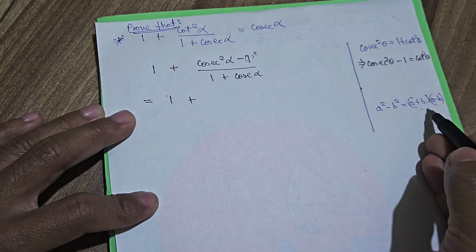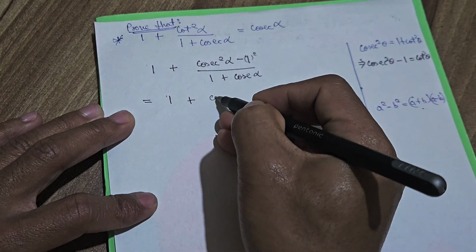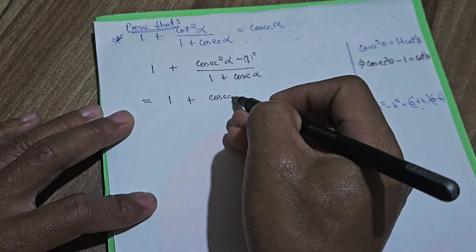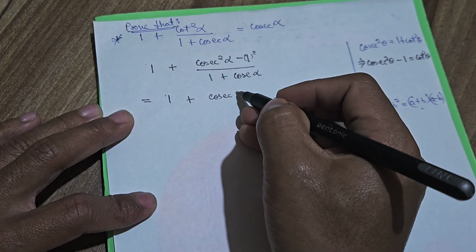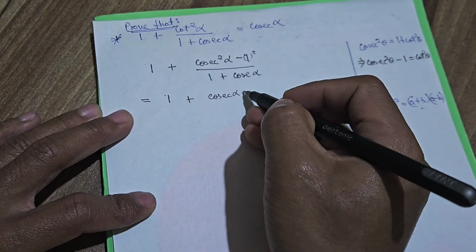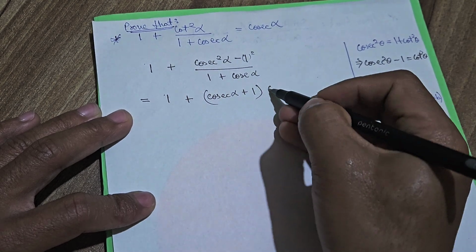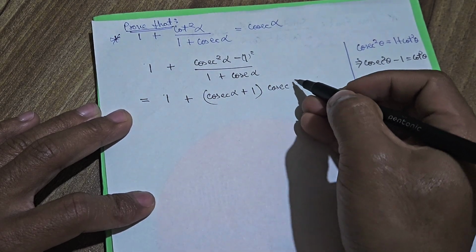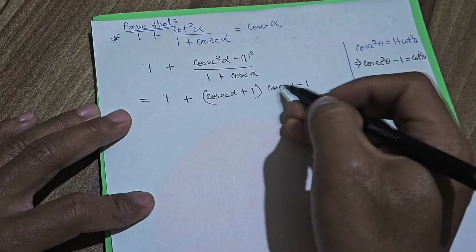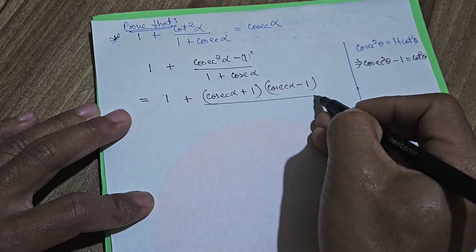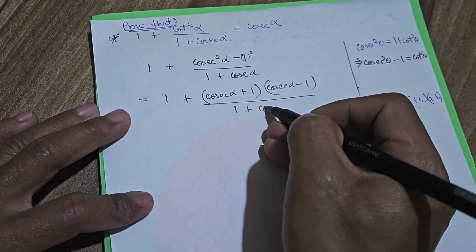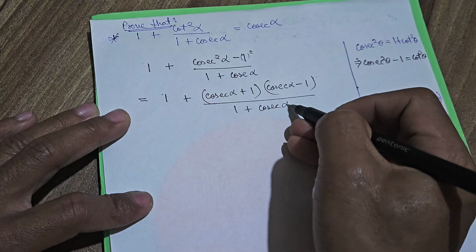So a plus b, what we get? Cosec alpha plus 1, and a minus b is cosec alpha minus 1, divided by 1 plus cosec alpha.